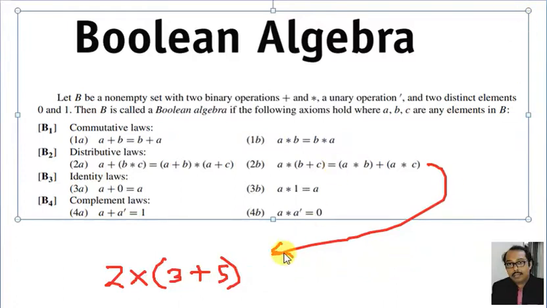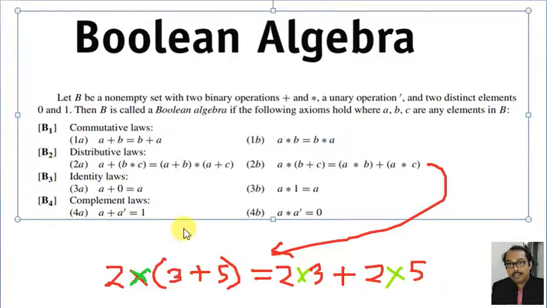Now I'm doing the same thing. I'm writing this as is equal to, using a different symbol and different color here to explain the concept. So this is marked with 2. What I'm writing here is 2 into 3 plus 2 into 5.